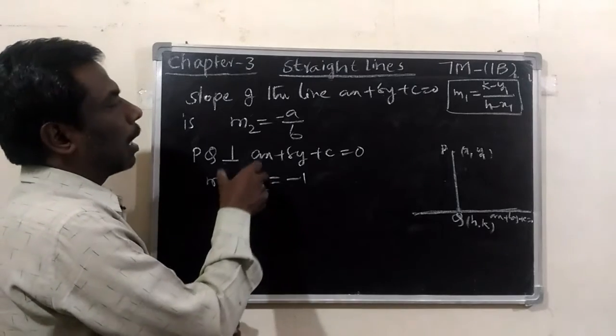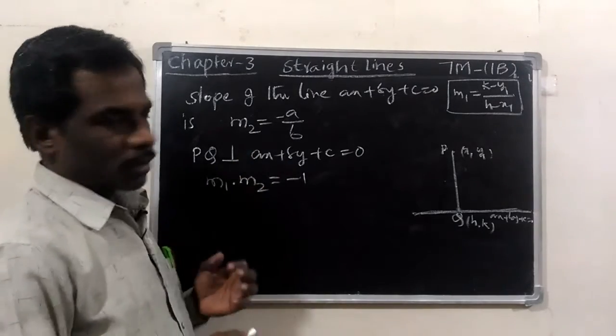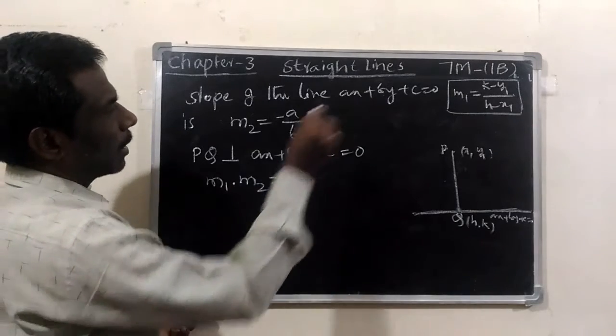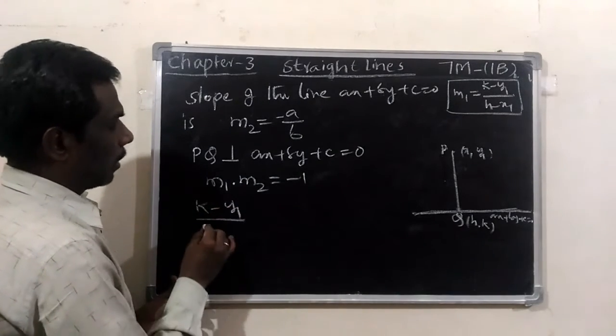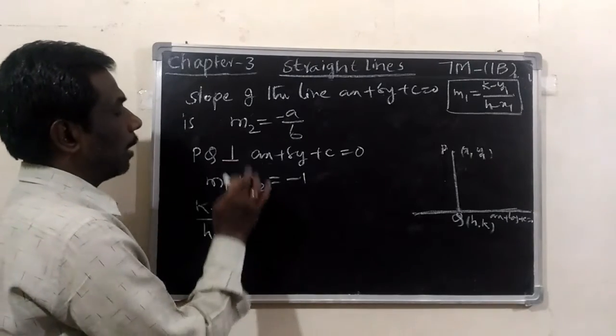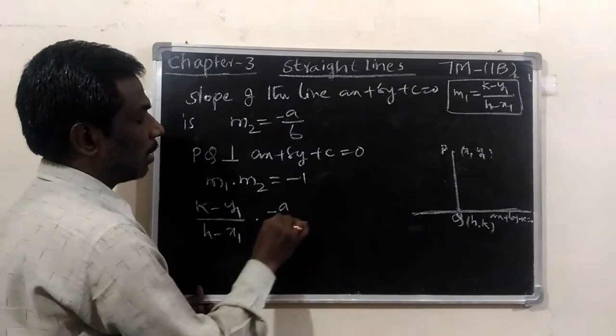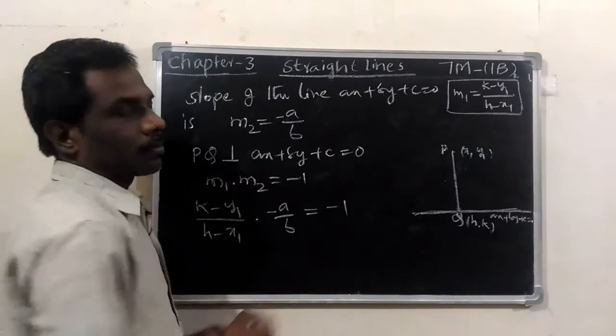So now I am going to substitute m1, m2 values in this equation. m1 is (k - y1)/(h - x1) into m2 which is -a/b, equals -1.